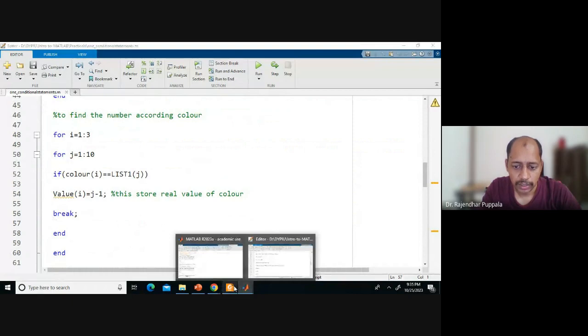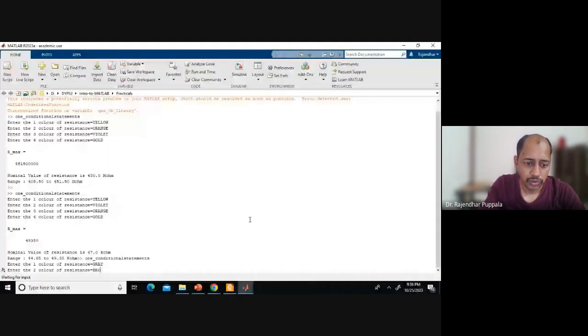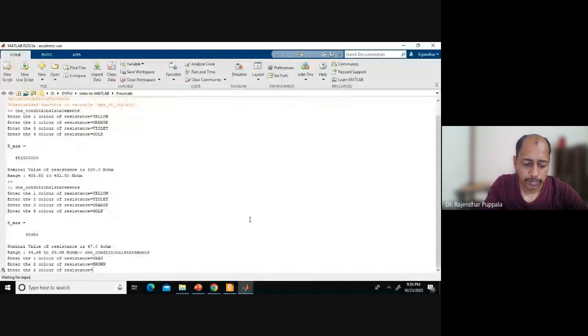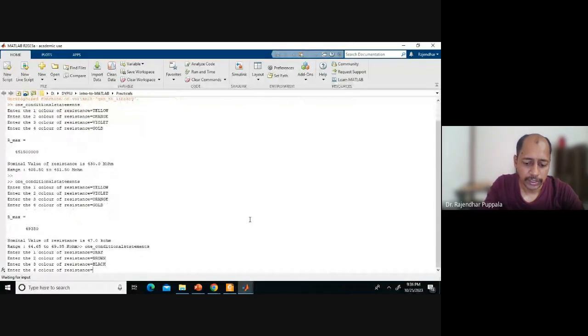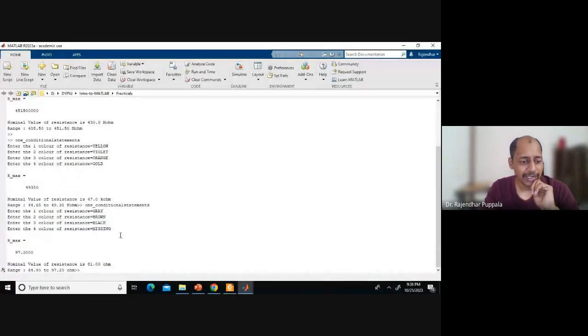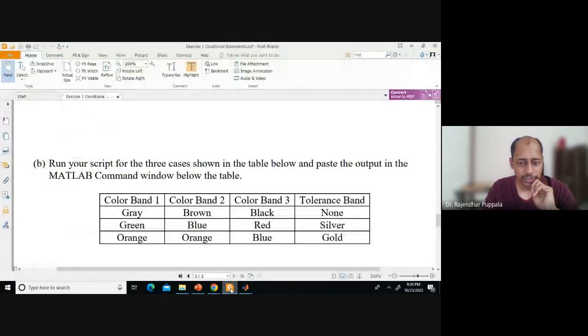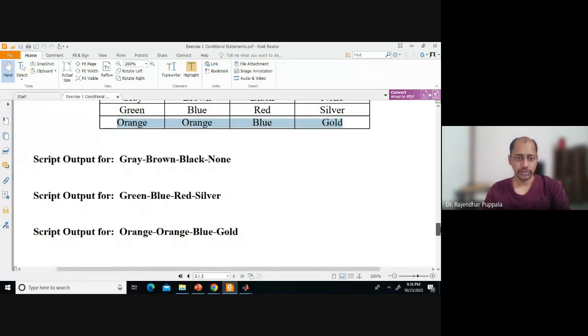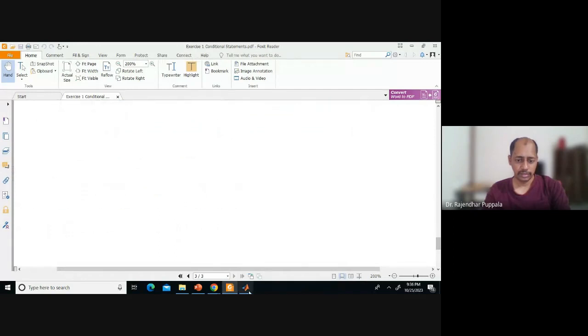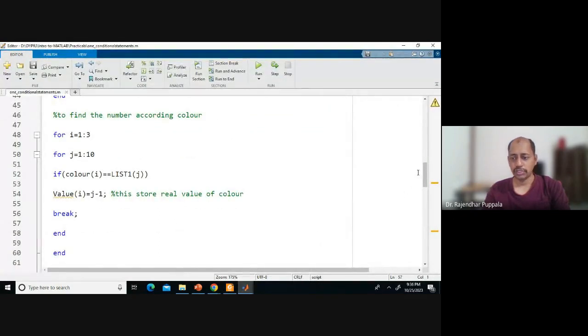So gray, brown, black, and missing. Yes, you are getting 81 ohm and the range will be 64 to 97. In a similar way, you can check for the remaining color codes also, the second set and the third set of colors. So this is the way to calculate the resistance value based on your color coding.